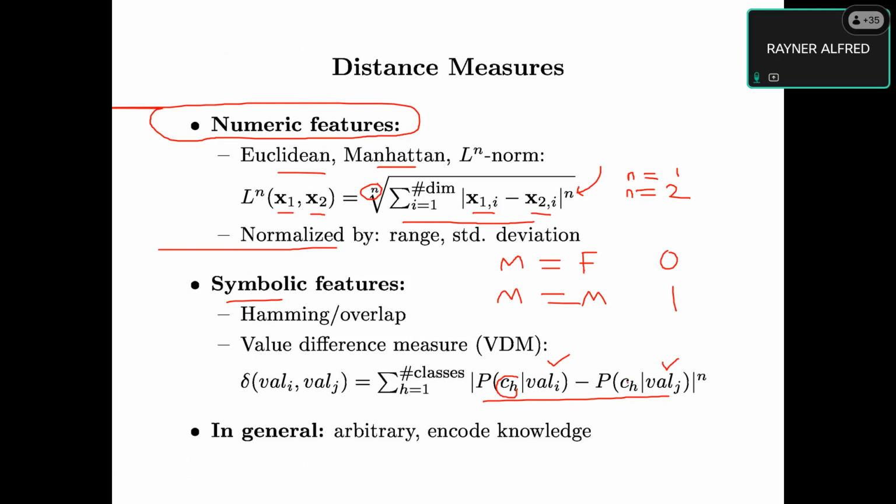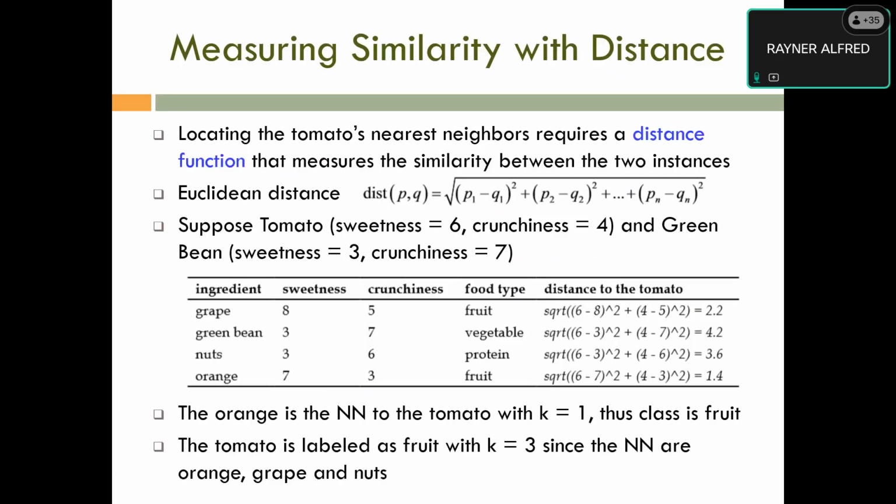In most cases we will use numerical values, so we will use the Euclidean distance. In our example also we will be using Euclidean distance. So let's go to the example here.